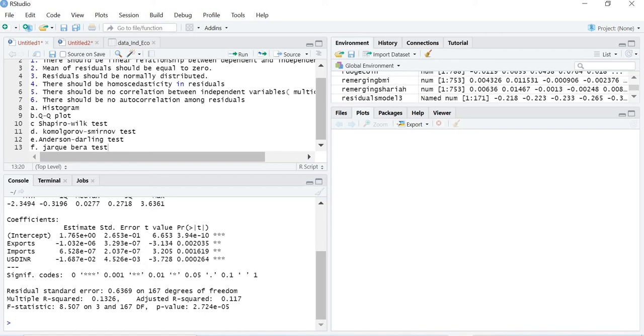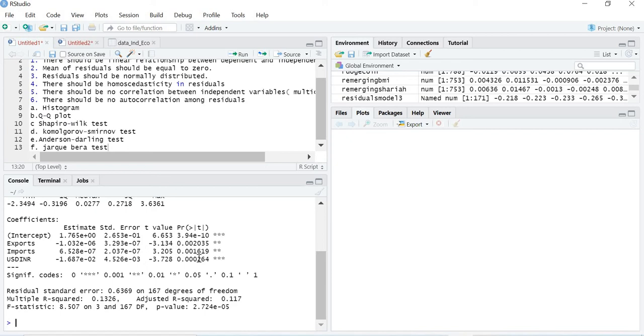But do you think that these 3 variables are actually significantly impacting the dependent variable or not? That can be tested by checking all these assumptions. Now, if my residuals are normally distributed, then I can say that yes, whatever the output is, these 3 variables are significantly impacting the dependent variable.